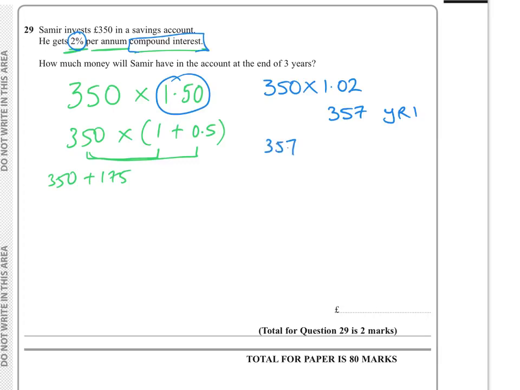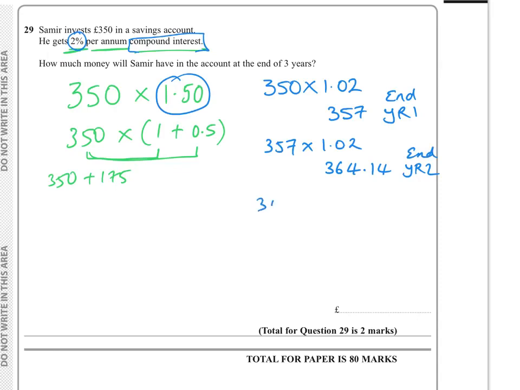So for the end of year 2, you'd have to apply the same interest rate again, so you just times by 1.02, and on my calculator I get 364.14, so that's £364.14, that's at the end of year 2, so I'll put end here.